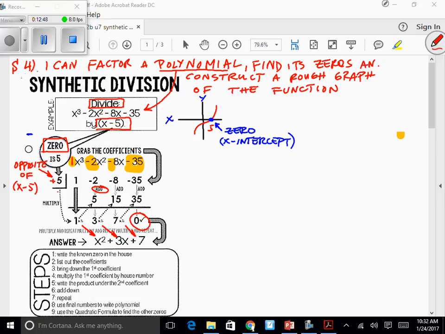They pluck off the coefficients. They drop the first one and multiply. Once you drop it and multiply, you go through that motion of bring it up, add. Multiply, bring it up, add. Multiply, bring it up, add.